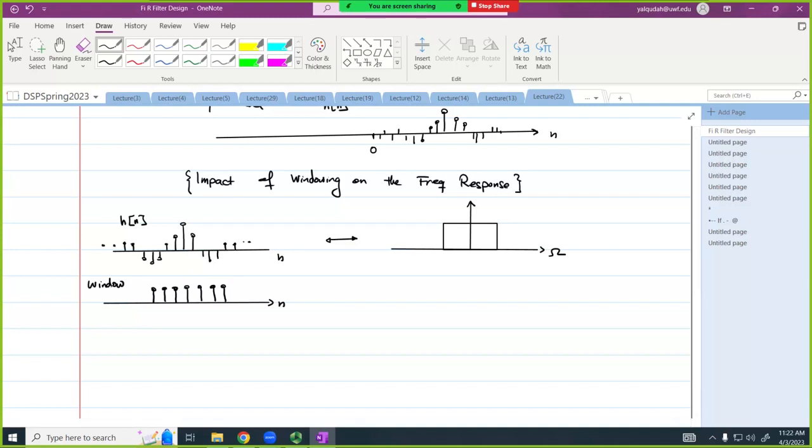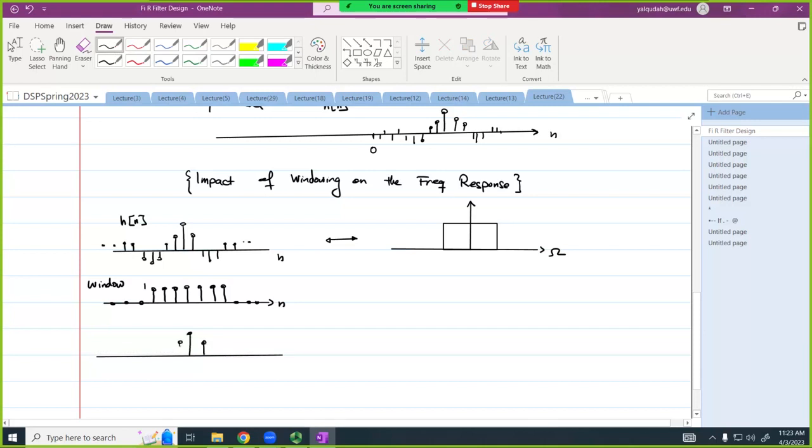If I multiply these two signals, what's going to remain of this signal? Only when this signal is 1. It is 1 and 0 otherwise. Does that make sense? When we multiply them together, what's going to remain? Only the signal components that are within the window. So what's going to remain?